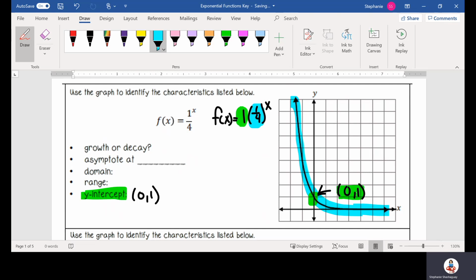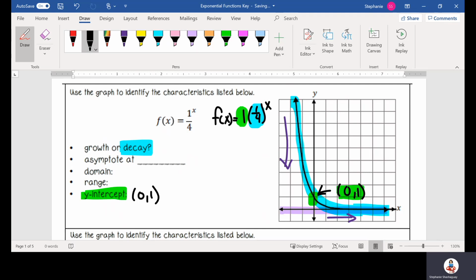And if my ratio is 1/4, that means that I'm going to have exponential decay. And I can also visually see that because as my x is increasing, my y is decreasing. My asymptote, which is hard to tell in this picture, but that line should not be touching that x-axis.